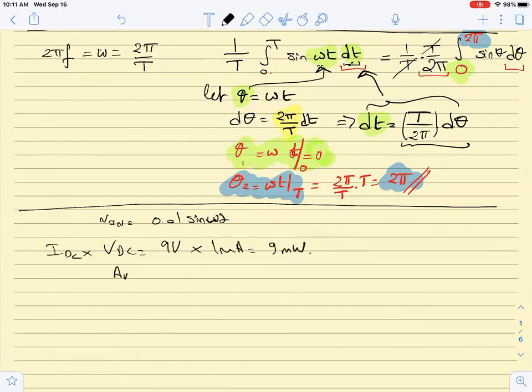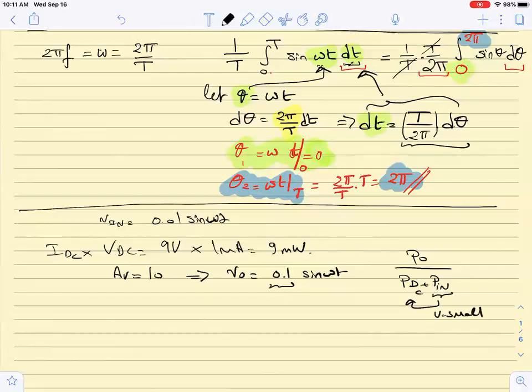Let us say the gain is 10, so V out is equal to 0.1 sin omega t, right? So now there is a difference. If I put P out over PDC plus Pin, this Pin is very small compared to PDC, so I can ignore it.